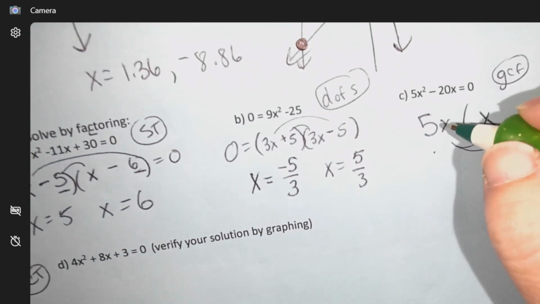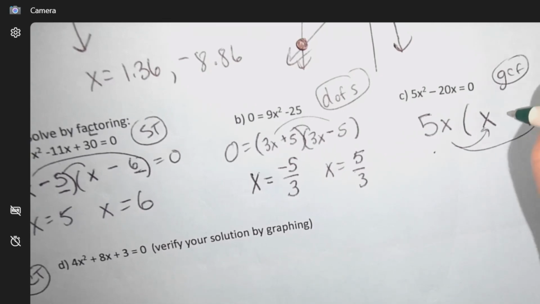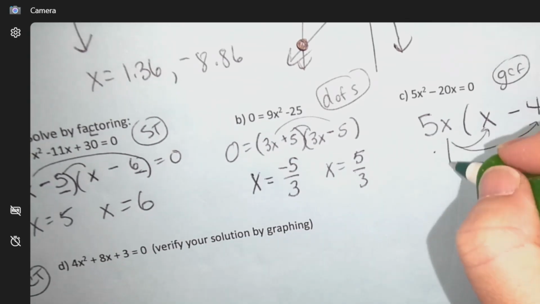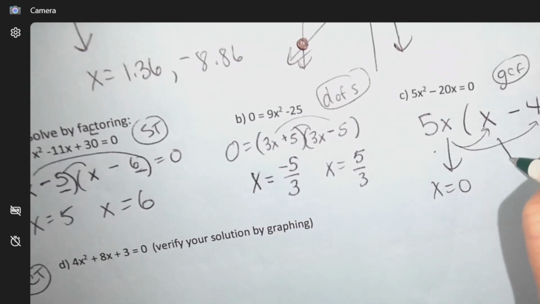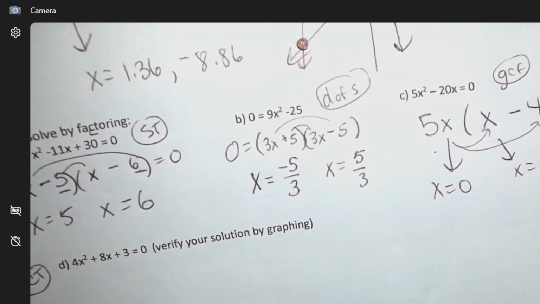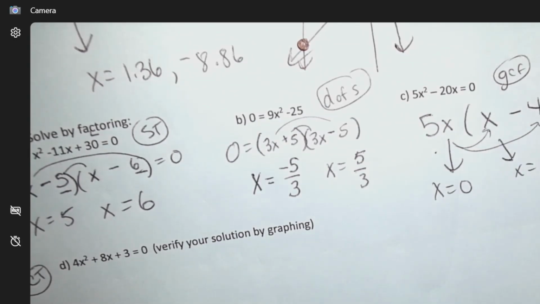X. 5x times what? And then how do I make 0? Well, 5 times 0. 4 subtract 4. That's how I'm making 0 in this equation.